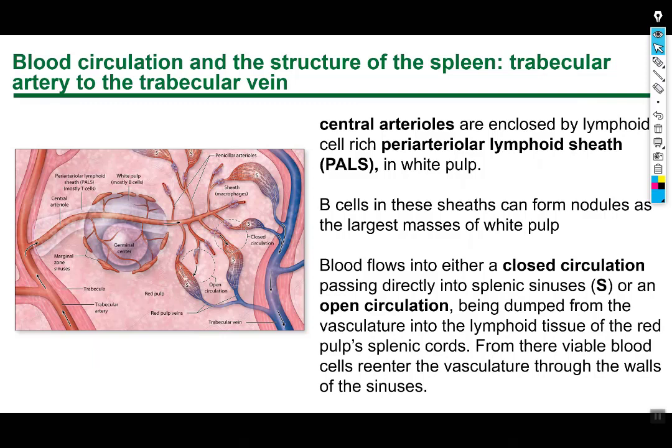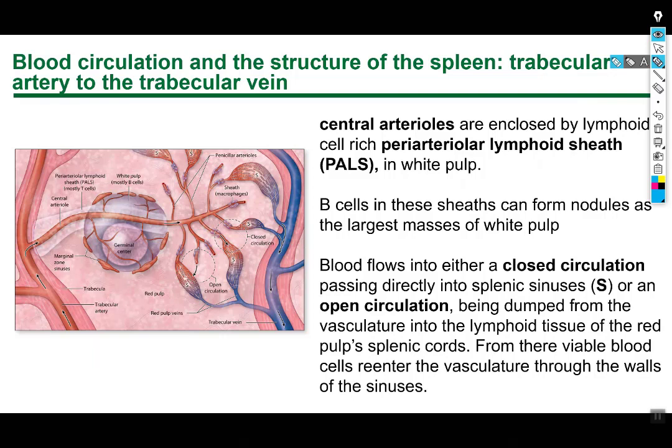The central arterioles are enclosed by lymphoid cells. So basically, remember I said it's like a racetrack where the blood vessels, excuse me, are the racetrack and the cells surrounding are the spectators. This is where that happens. So the spectators, so to speak, have a name, and that is PALS, which is cute, right? This really stands for periarteriolar lymphoid sheath, or PALS.